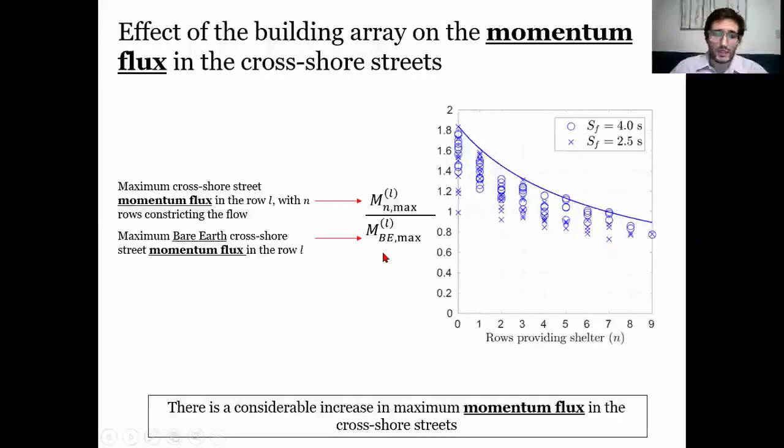So we can conclude that there's a considerable increase in both the run-up and the momentum flux. And this could be very important. For instance, if we are designing and building for tsunami evacuation, a vertical evacuation, we must consider this because the run-up could be as high as 2.6 times more.